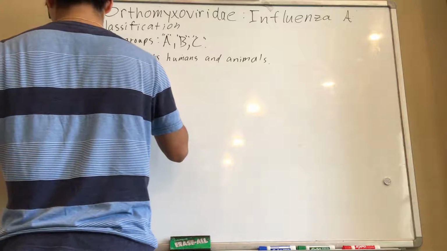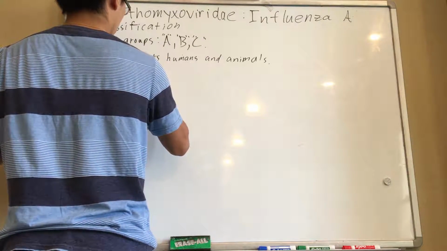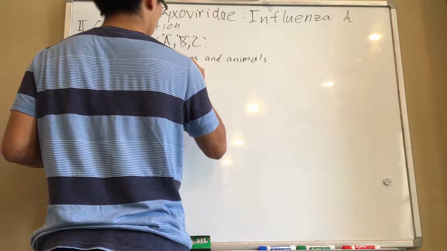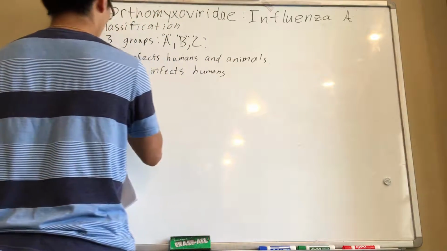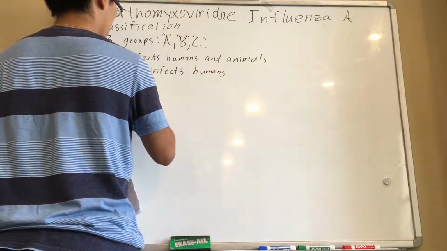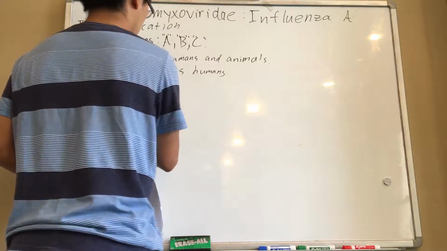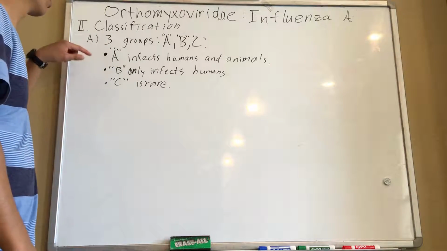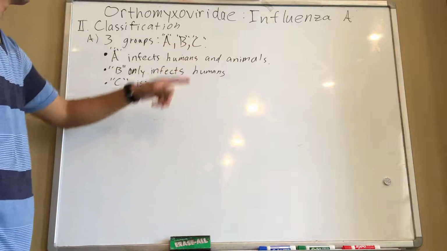B only infects humans, and group C is rare. Dr. Sand did not elaborate on the rare part, just that it's not very common. But yeah, A is man and beast, B is man, but this one's rare.